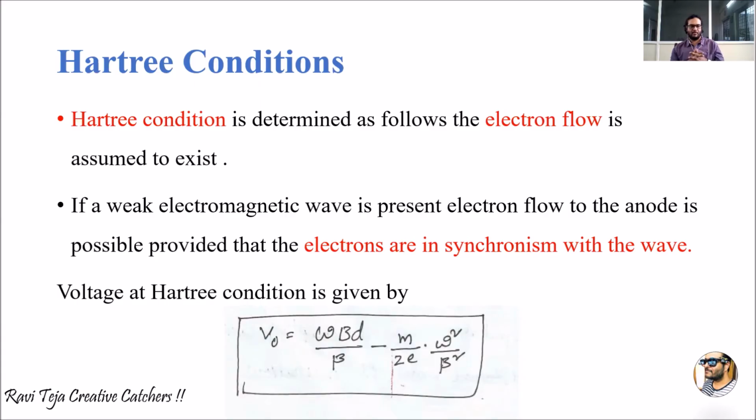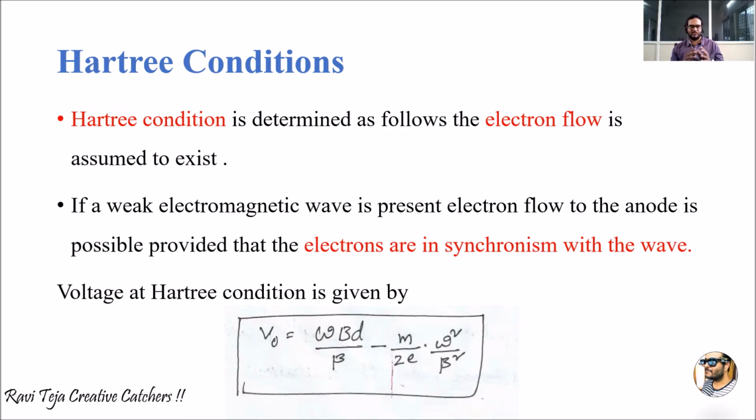Now, the voltage at the Hartree condition is given by V0 = (ωB d/β) − (m/2e)(ω²/β²), where e means electron charge. This is the operating voltage, or the voltage at the Hartree condition.